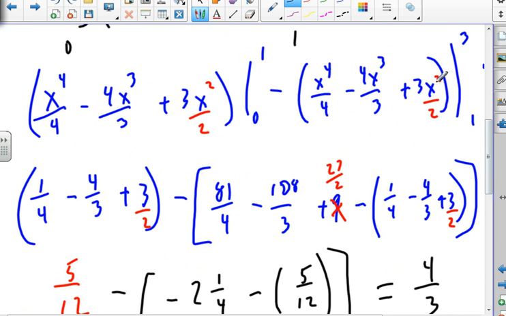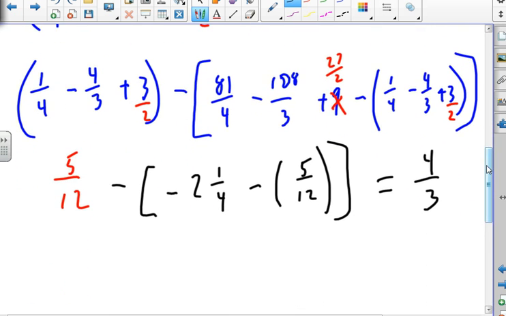Okay, so I put a 3 in there. 3 squared is 9, 27. I put a 1 there and I get a 1. Okay, so 1/4 minus 4/3 plus 3/2 is 5/12.